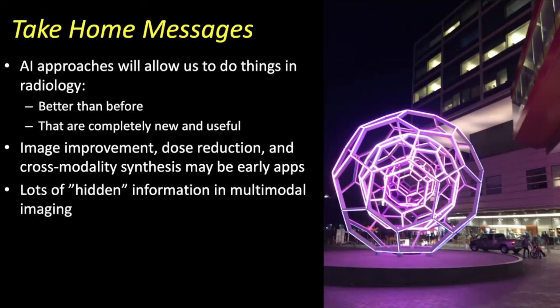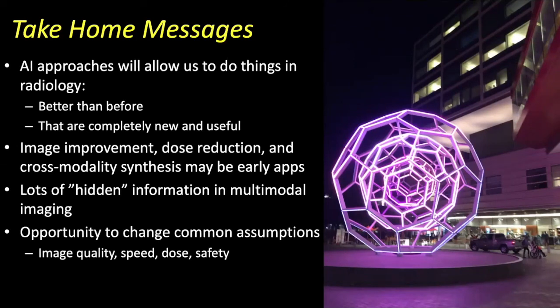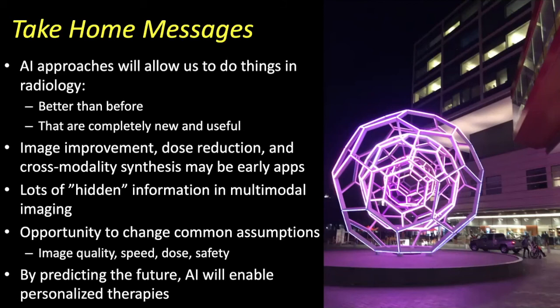I really believe there's lots of hidden information in multimodal imaging that we only scratch the surface of with our own preconceived notions, and that this is a real opportunity to change common assumptions about quality, speed, dose, and safety. And finally, by predicting the future, I think AI is going to let us use the whole value of imaging for personalized therapies.